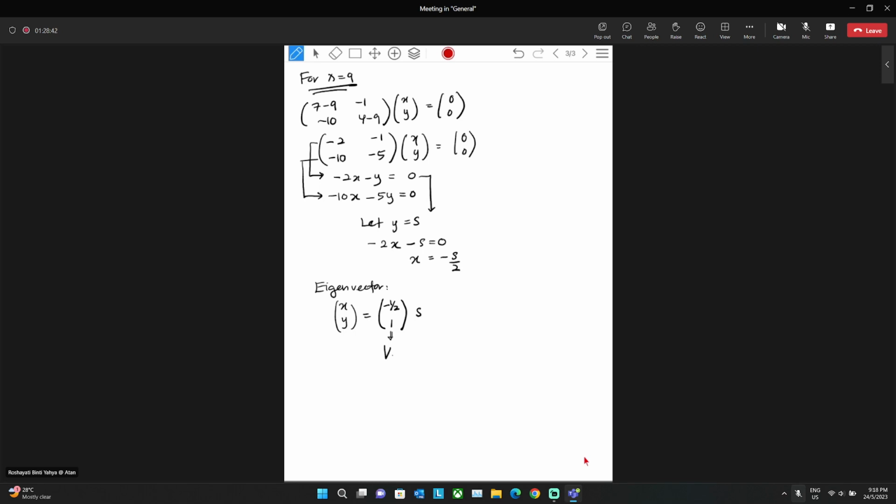So 7 minus 2, minus 1, minus 10, 4 minus 2, x, y equal to 0. That is 5, minus 1, minus 10, 2, x, y equal to 0, 0.